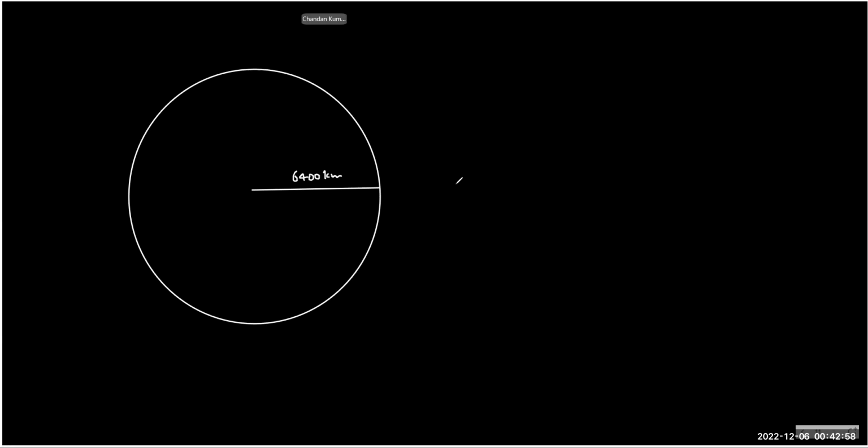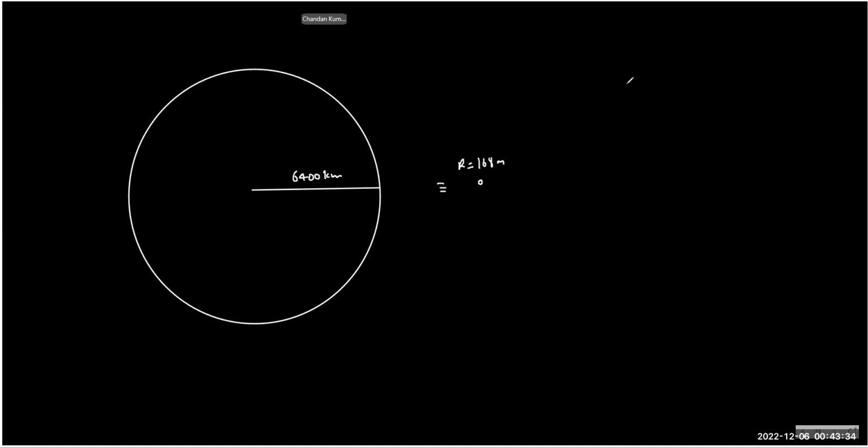And how big a nucleus do we need to balance it? 168 meter radius, right? So 6,400 kilometer and 168 meter, you can imagine. So maybe 1 teaspoon of nucleus is as good as Earth. Do you realize this?